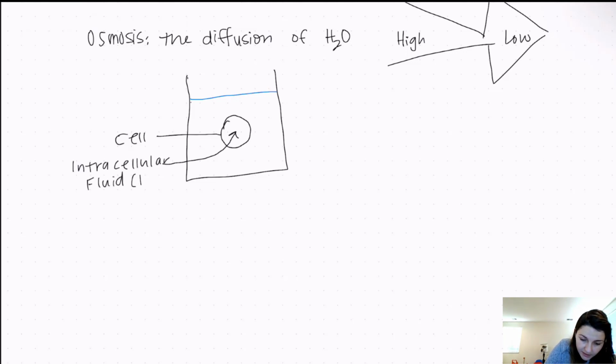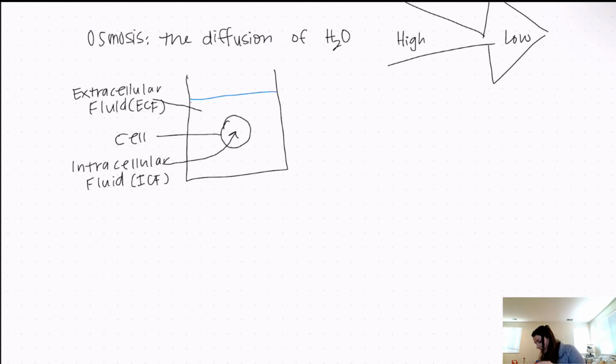And the shortened version of that is ICF. And then everything outside of the cell is what we call extracellular, because extra means without, extracellular fluid. And we call this the ECF. That just means the stuff outside of the cell.